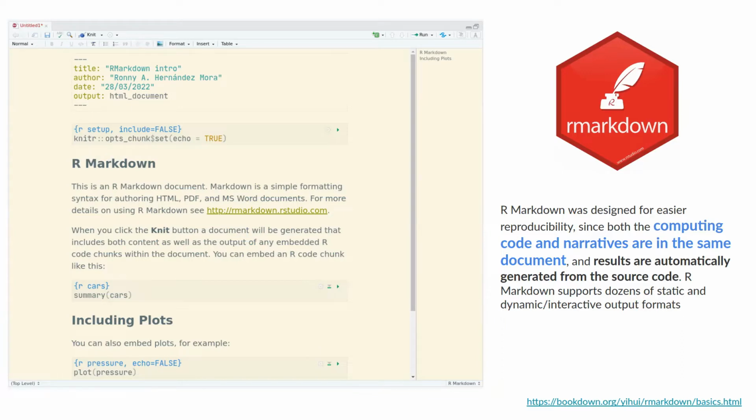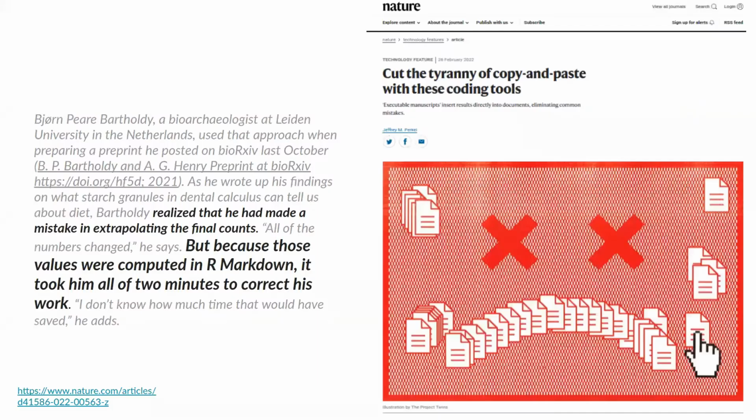There is a book, so you have the URL there, so you can check the details of that package. There is also one nice article from Nature that talks about this, and it has the experiences from scientists working with these kinds of tools, because RMarkdown is not the only tool out there.